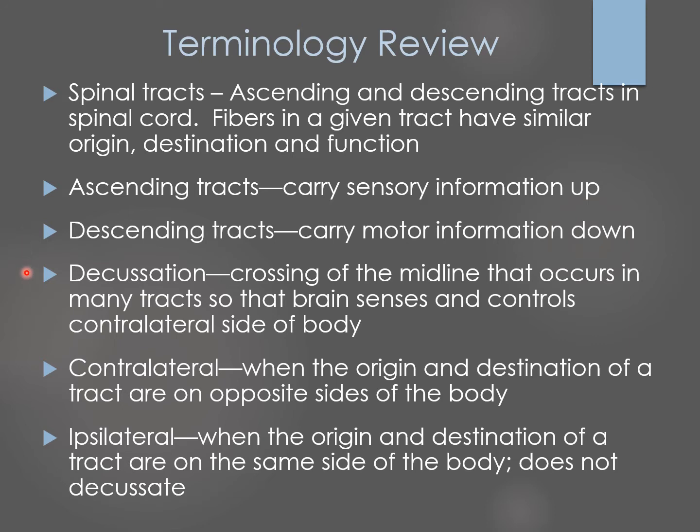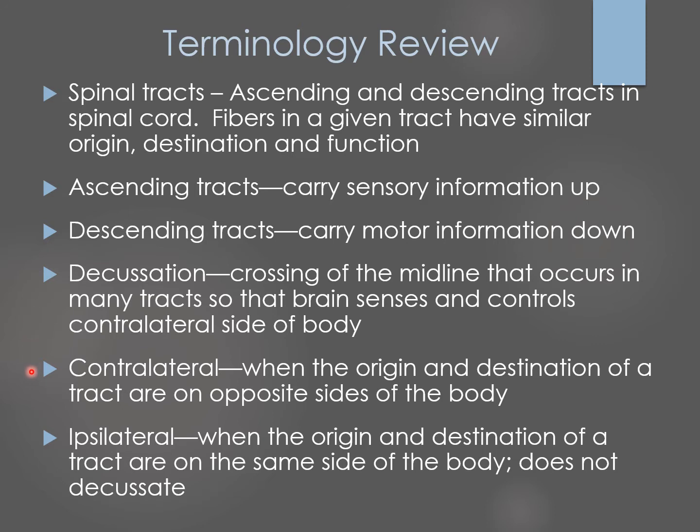Decussation is crossing of those tracts through the nerve cord. So they cross over to the other side. That's why if someone has a stroke and the stroke is on the right side, then they may lose control of their body on the left side because of the crossing over of those tracts.